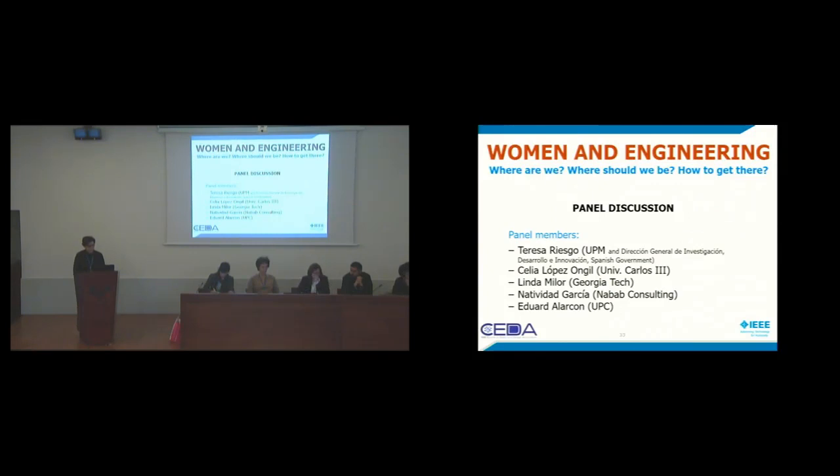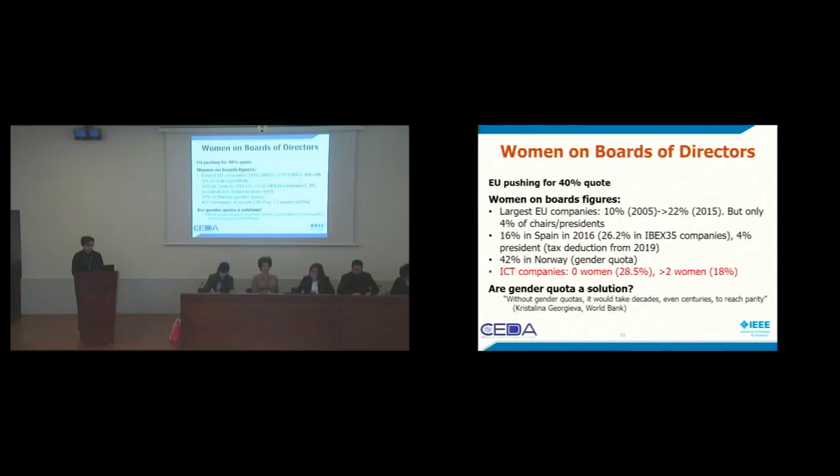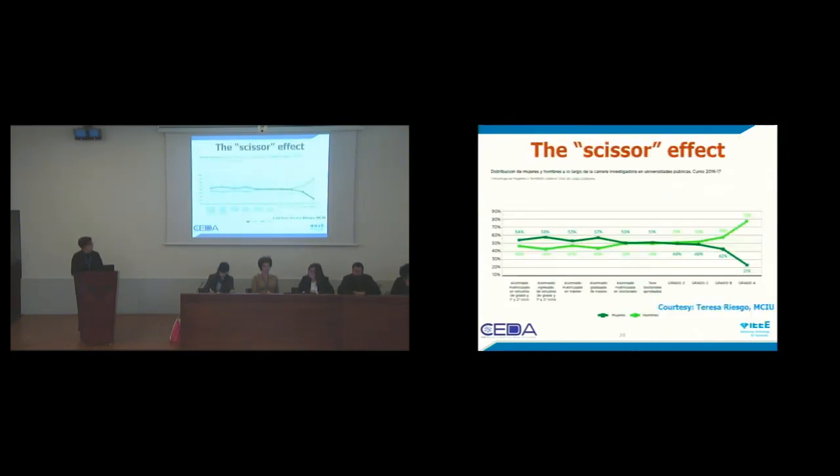But as Paco has used one of the slides I use when I have to talk about women and science, I have to tell that the graph, the scissor effect that he has shown, is not only for engineering or sciences, but for the whole university system in Spain.